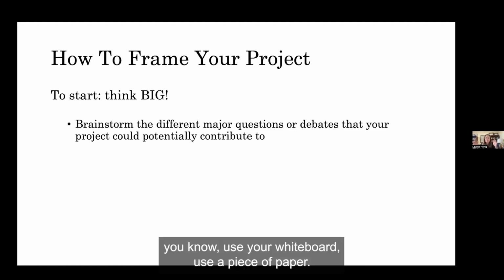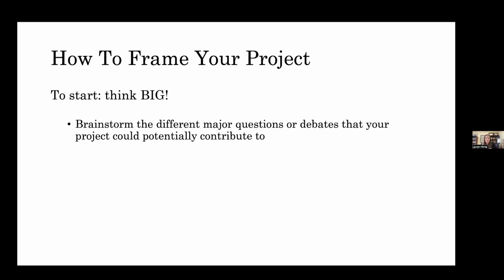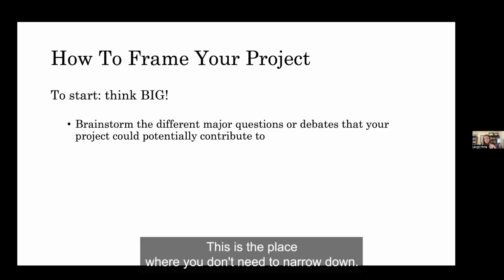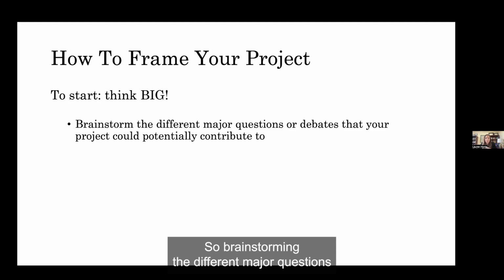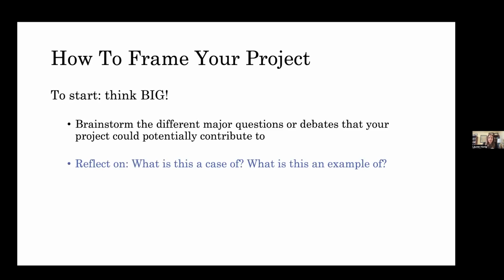Use your whiteboard, use a piece of paper. Don't be shy about what the claims might be. This is the place where you don't need to narrow down. You want to be thinking big. So brainstorming the different major questions or debates that your project could potentially contribute to.